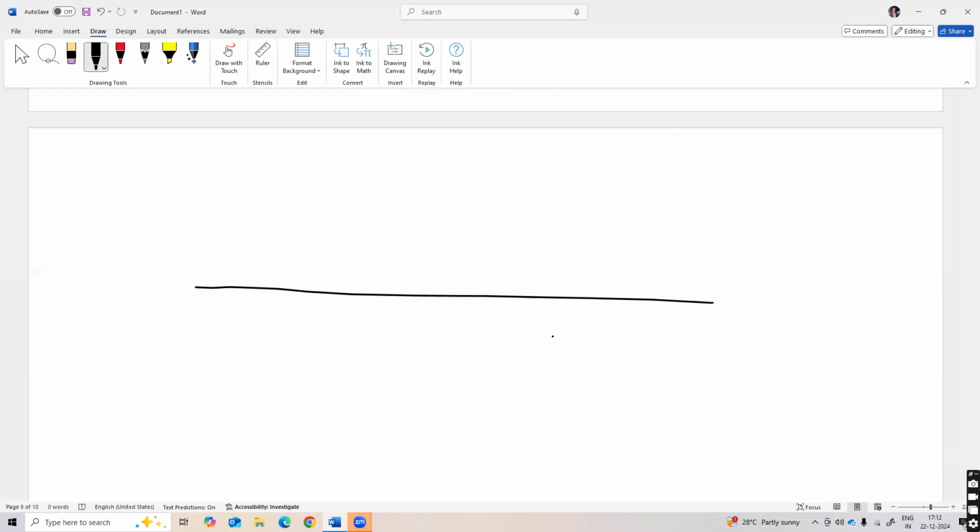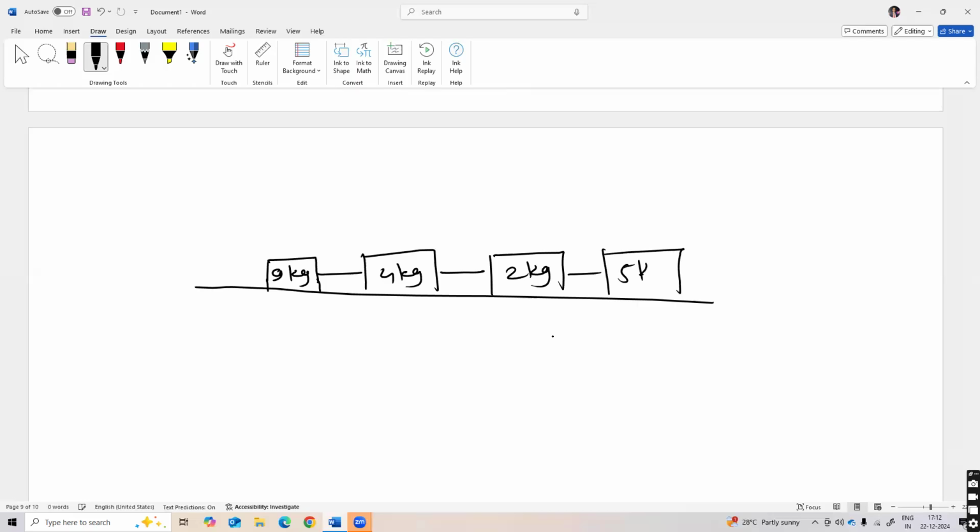So this is the ground. Then there is a mass of 9 kg. There is a string, there is a mass of 4 kg. Again, there is a string. Then there is a mass of 2 kg. Again, there is a string and a mass of 5 kg. There is a force acting towards the right, which is 100 Newton.